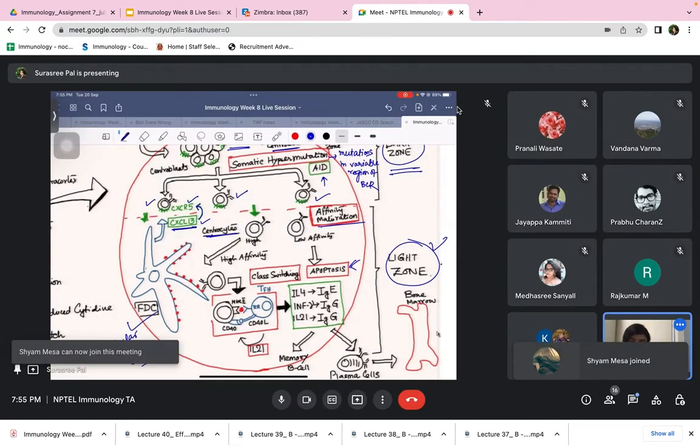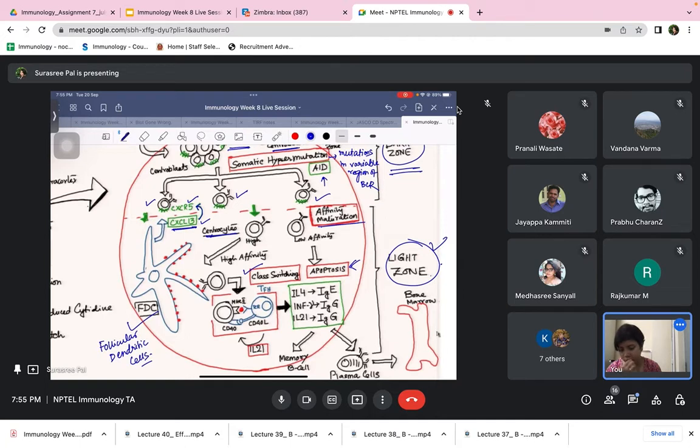Okay, and the last event which is going to take place after this affinity maturation is the event of class switching. So what happens in this particular stage is that the B cells which have high affinity will express the foreign antigen, so they can interact with the follicular dendritic cell, and if they have this high affinity, they are going to be selected. Fine.